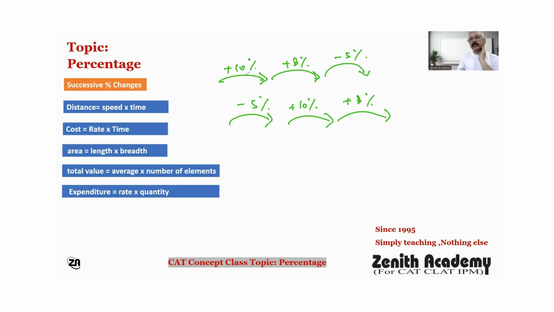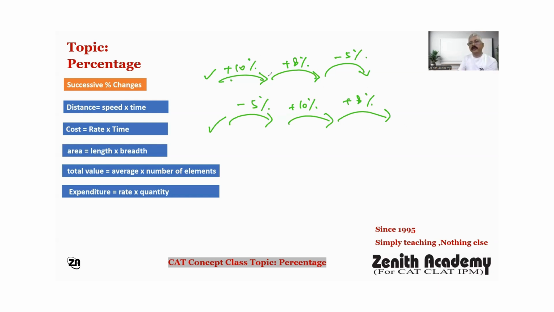So if you change the order of percentage changes, the net percent change will always remain same. There is no difference in this type of successive changes.